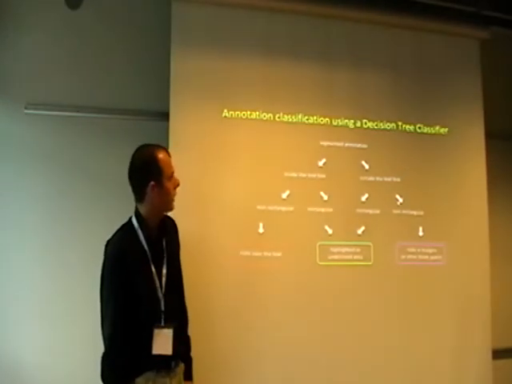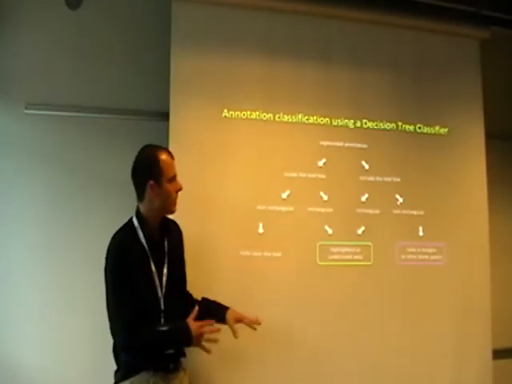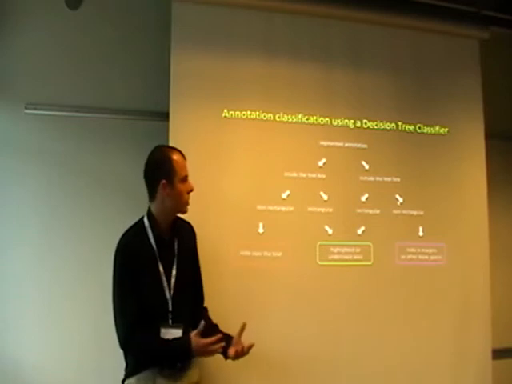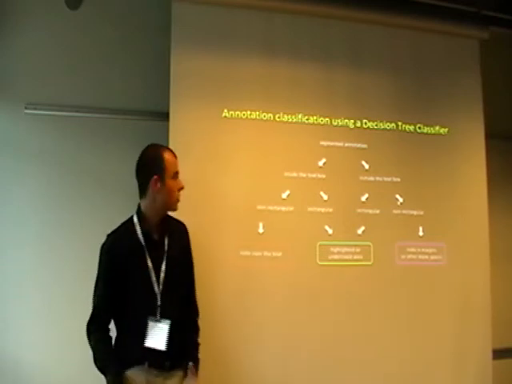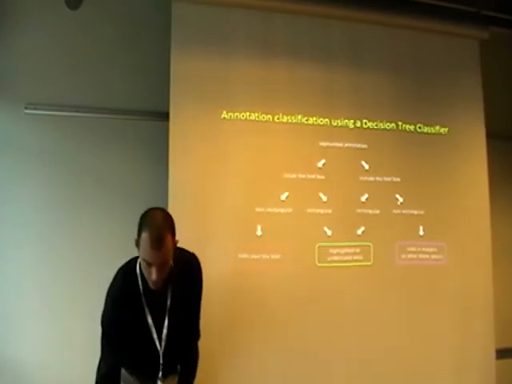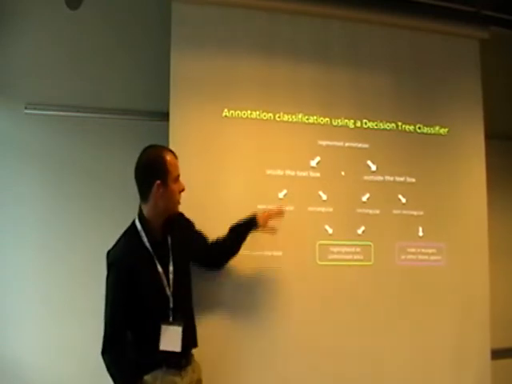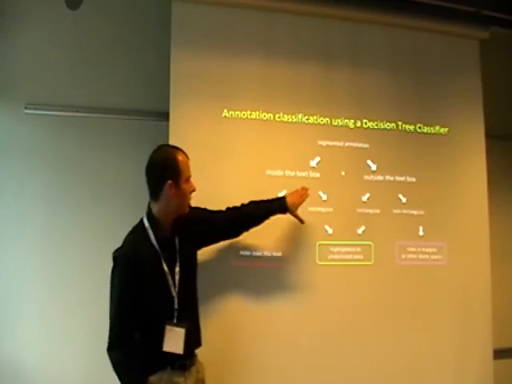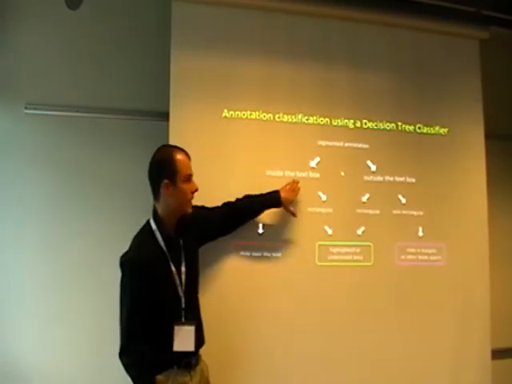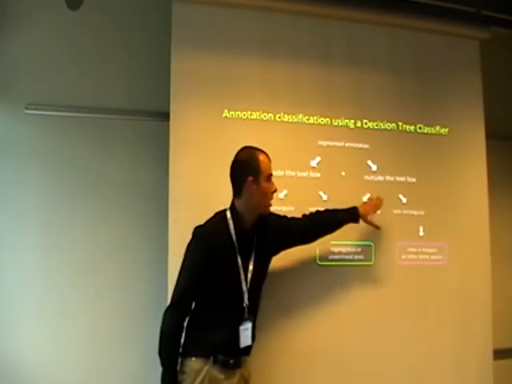So according to this schema, we would like to classify our annotations, and we employ a decision tree classifier to do this. From the segmented annotation, we go to a further spatial separation. The annotation itself is separated as inside or outside the text box.